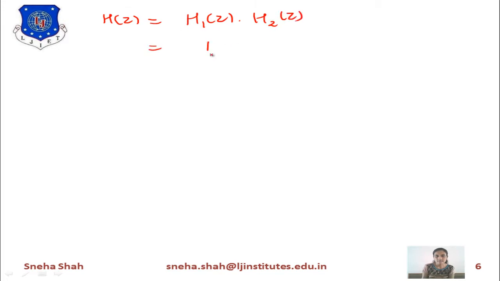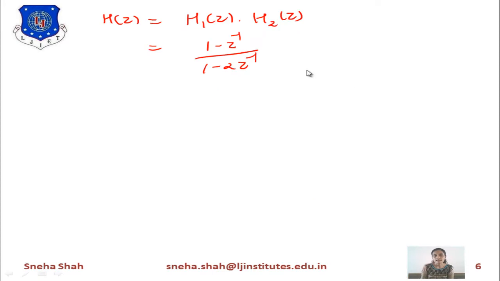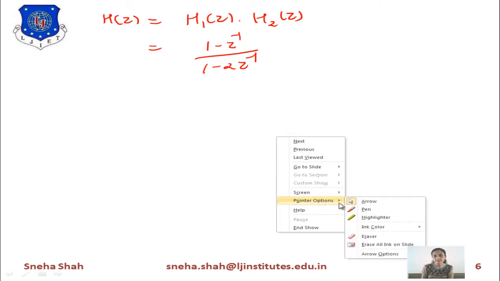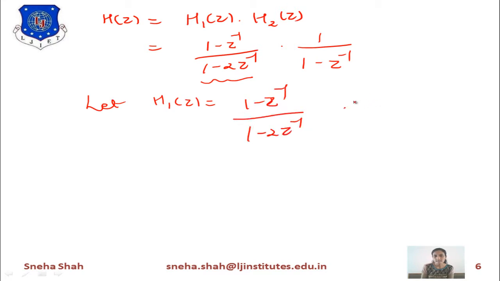Suppose I take h1 of z equals 1 minus z inverse upon 1 minus 2z inverse, and h2 of z equals 1 upon 1 minus z inverse.